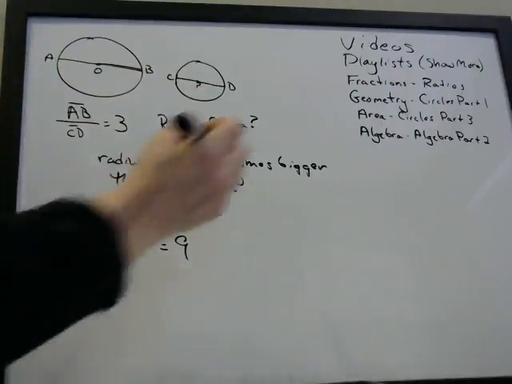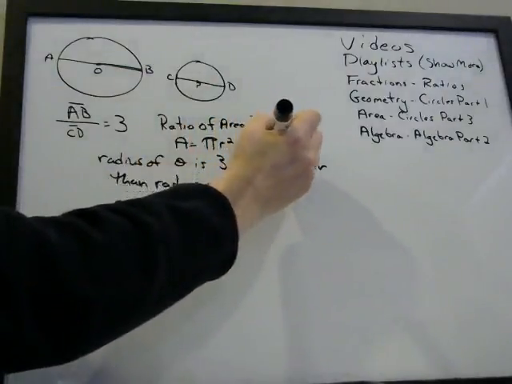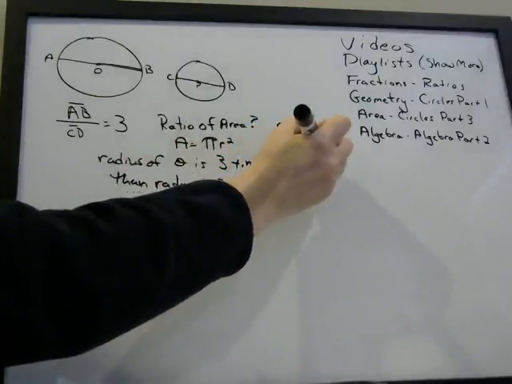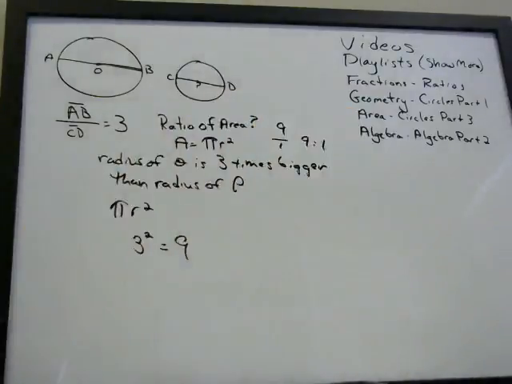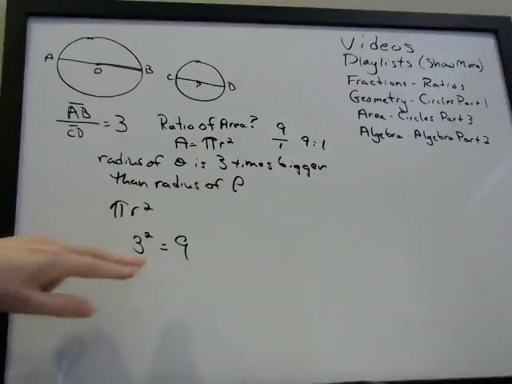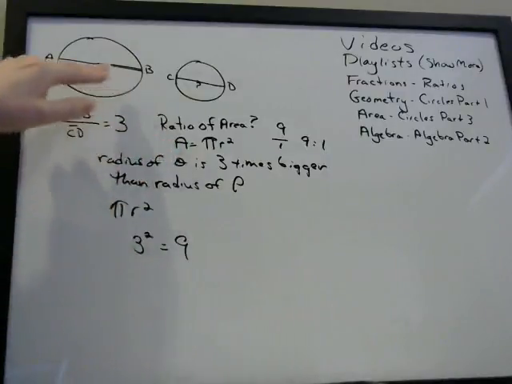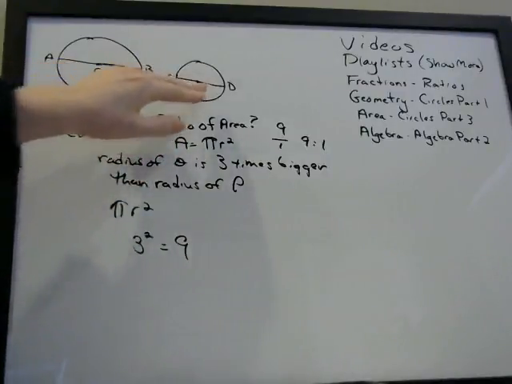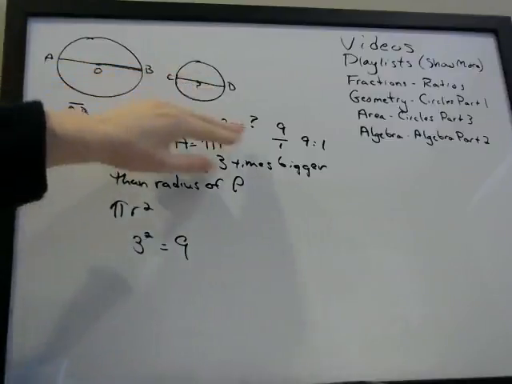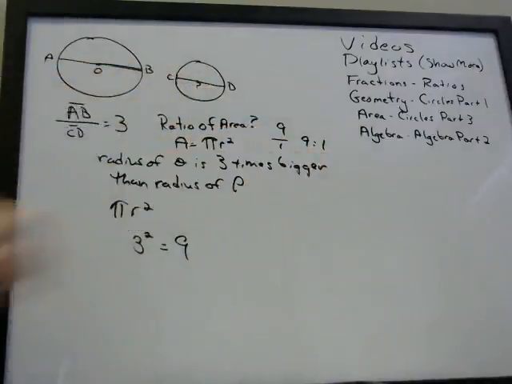A ratio you can write as a fraction or with a colon. So the area of this circle is 9 times bigger than this one, or 9 to 1, is how you would write the answer. That is actually the answer to the question.